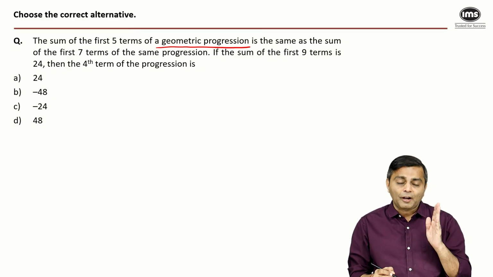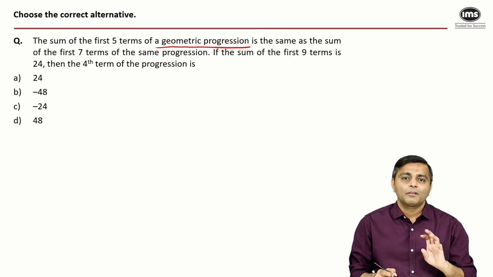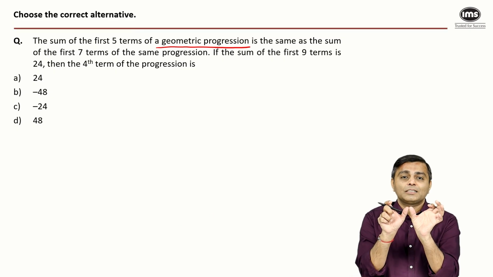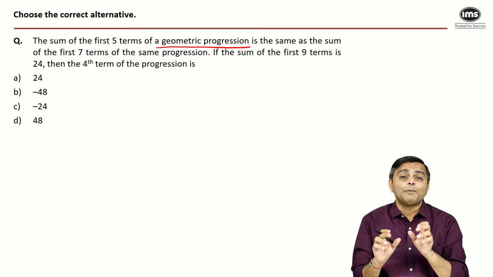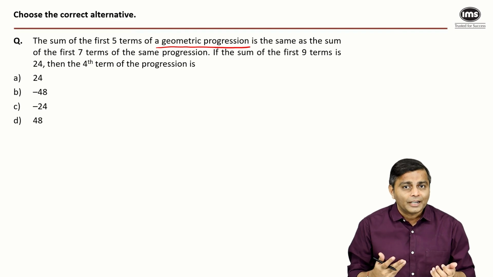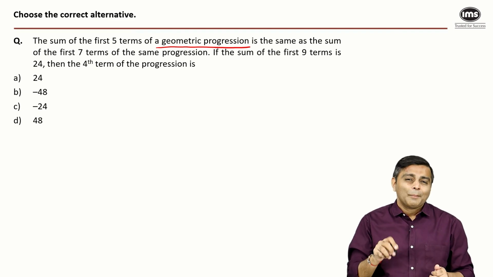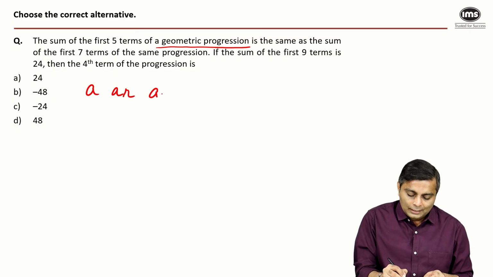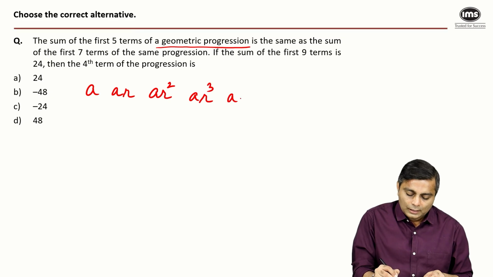So sum of the first 5 terms of a GP is the same as sum of the first 7 terms. So big clue. Sum of the first 5 terms and sum of the first 7 terms is same, which means the 6th and the 7th term are not adding anything, right? Effectively, they're adding 0. Okay, because it is GP, I'm just going to write let's say AR squared, AR cube, AR4.